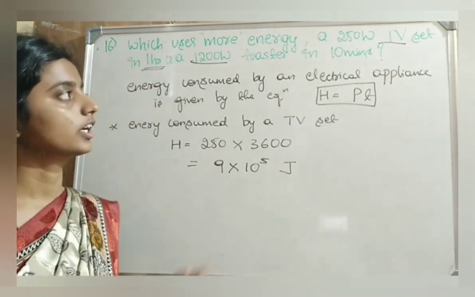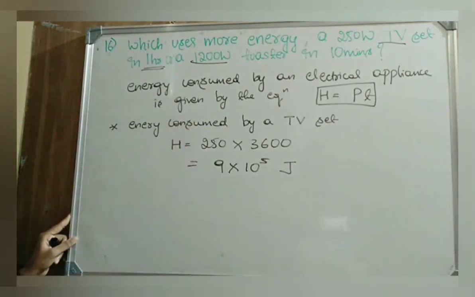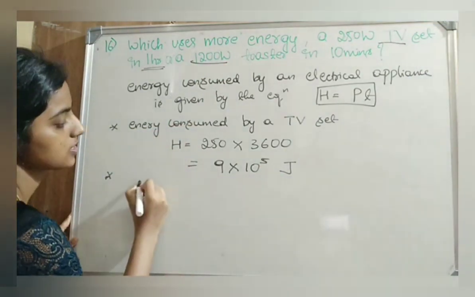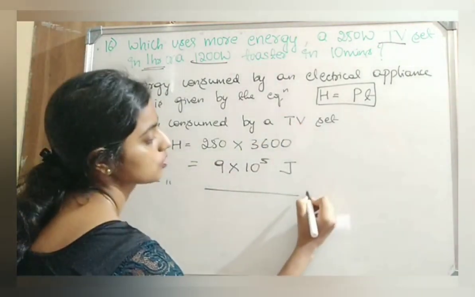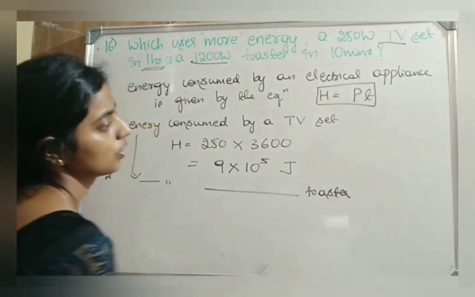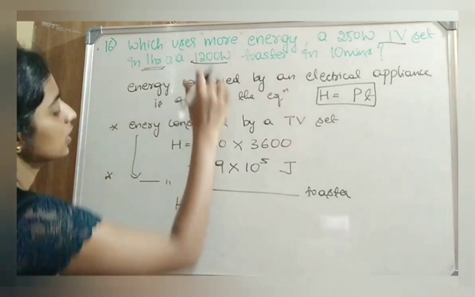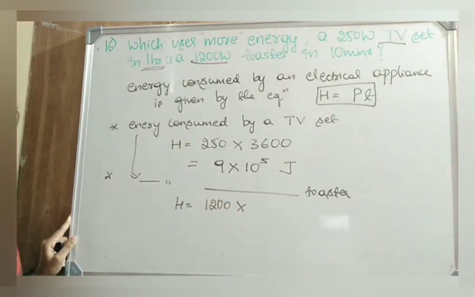Similarly, we need to calculate for the toaster now. Write down the same thing, energy consumed by toaster. H is equal to 1200 into, now convert 10 minutes.